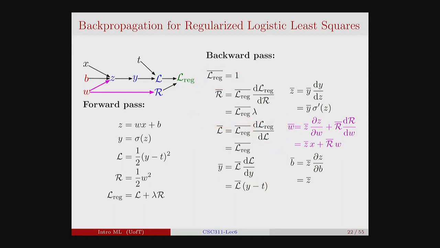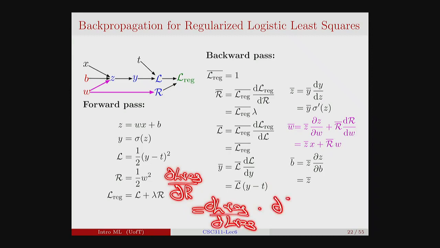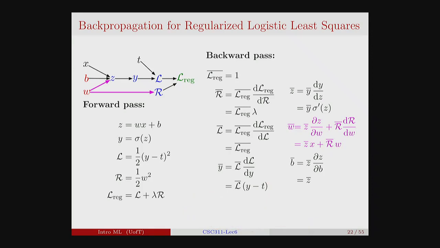Similarly, I can ask, what is the gradient of L reg with respect to R? That's equal to L reg with respect to itself, times dL reg with respect to dR. And that's equal to lambda, which is the hyperparameter for our regularization coefficient.